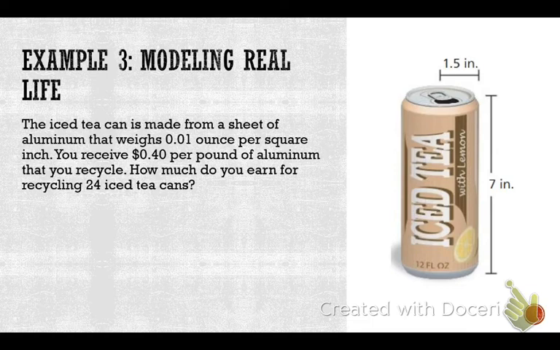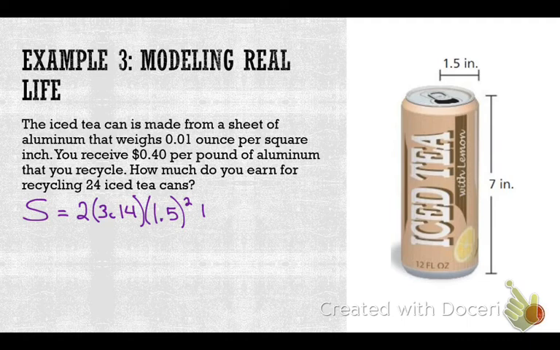I just know it? Do I have a means of actually figuring out my total square inches around that can? So that's what I'm going to do first. Okay, so I've got my formula, 2 pi r squared.